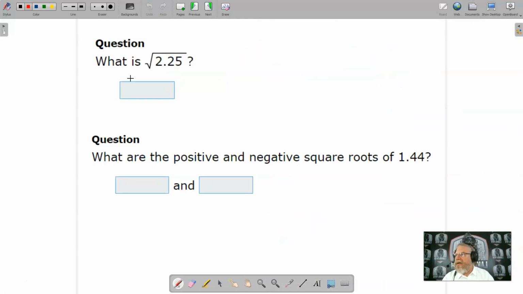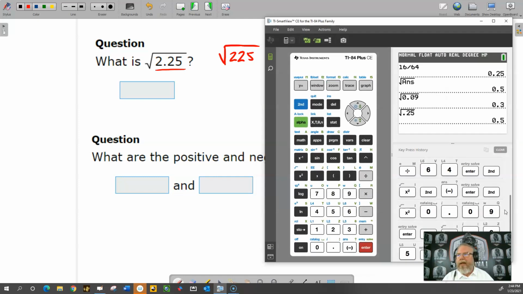On the next one, what is the square root of 2.25? Well, 2.25, think 225 is a perfect square, right? So the square root of 225, if I recall correctly, is 15. Now I could go back and check that graphic organizer that I had at the beginning, or I could use my calculator.